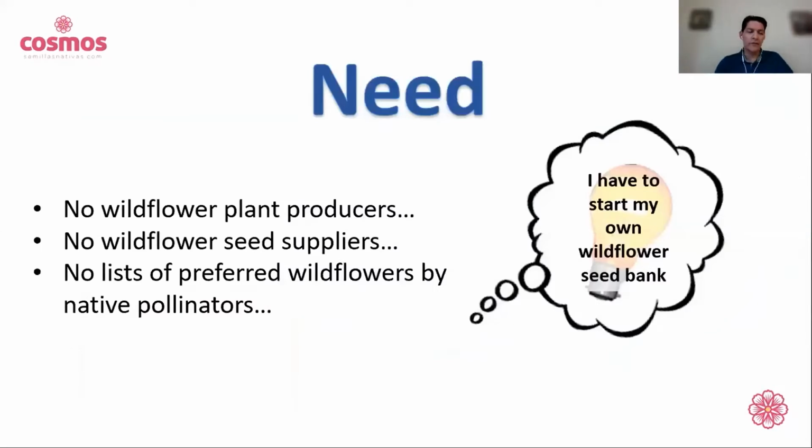At this point, I also realized that in my region and perhaps in Mexico in general, there were no wildflower producers, no wildflower seed suppliers, no lists of preferred wildflowers by native pollinators. So I realized that I have to start my own wildflower seed bank in order to create more pollinator habitats.